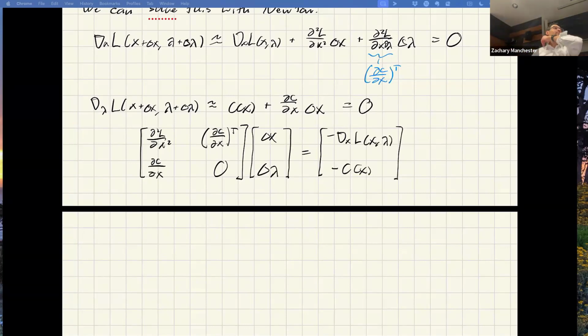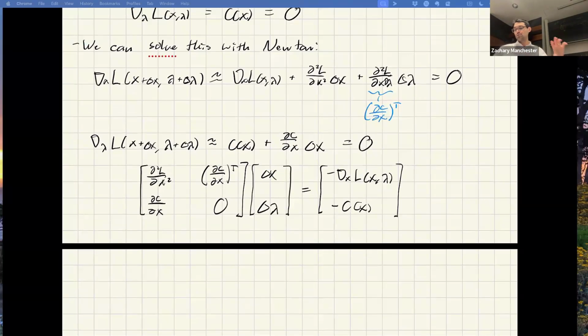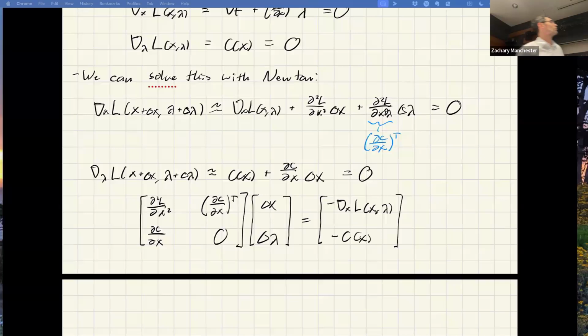So everyone see how I got that? I just took these two things and moved stuff over to the right-hand side. I took this guy, moved c over to the right, so I got minus c over here. The other term is here. Same thing with the top: I took the terms that are in lambda and left them alone, and moved everything over to the right-hand side. Make sense?